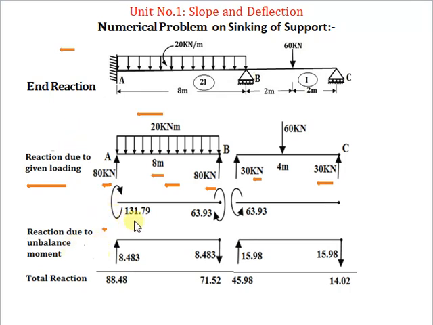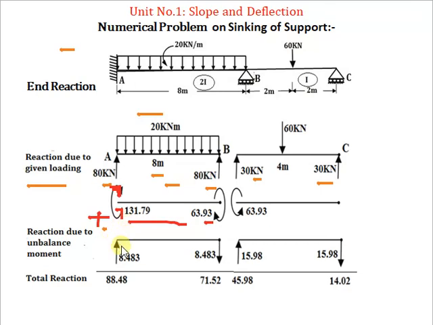So this moment 131.79 kilonewton is positive, so it would be in an anti-clockwise direction. So in anti-clockwise direction, our sign is positive. Now at B end, it is minus, so it is in a clockwise direction, 63.93. Now take the difference between these two divided by span.